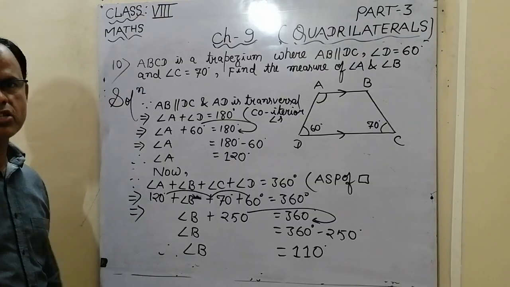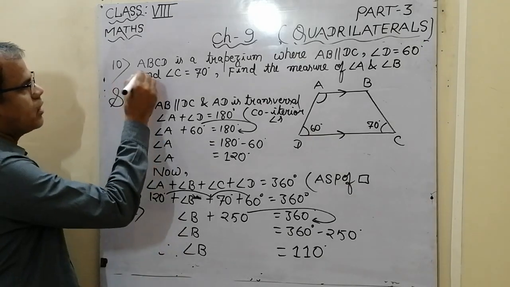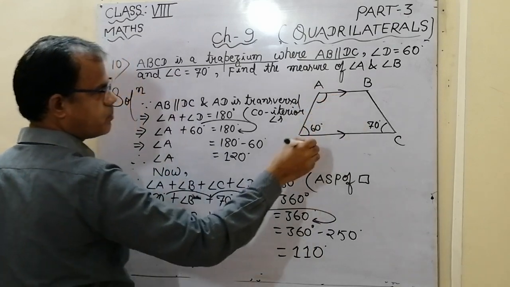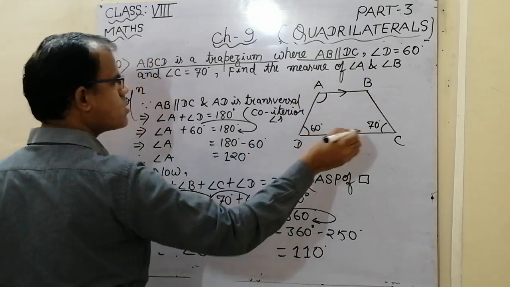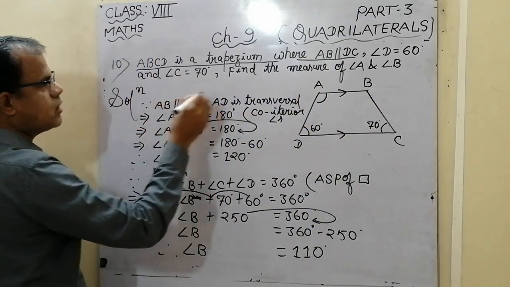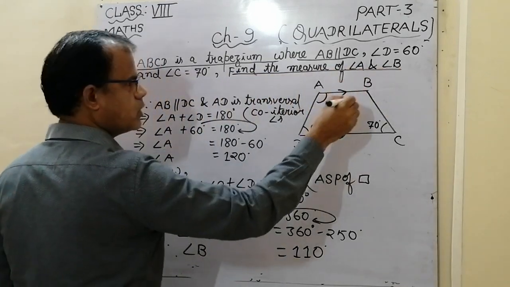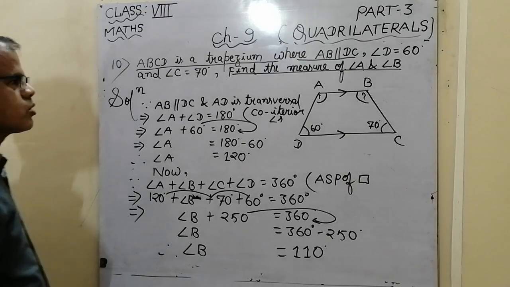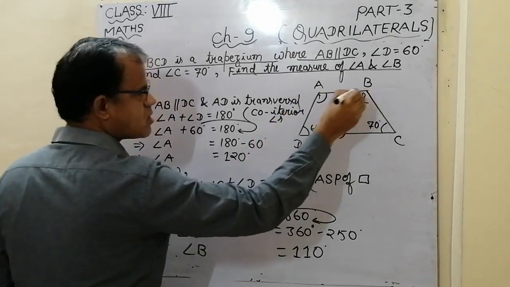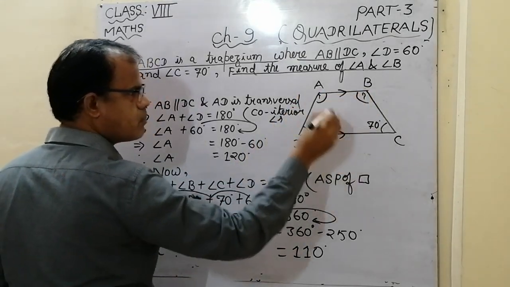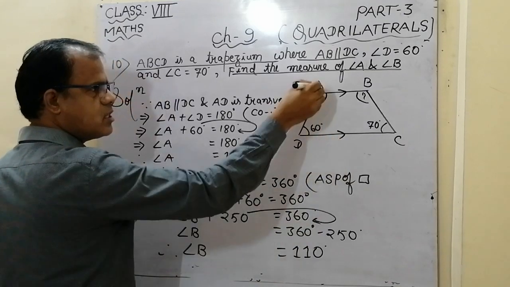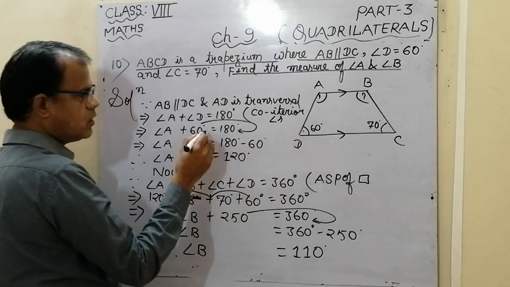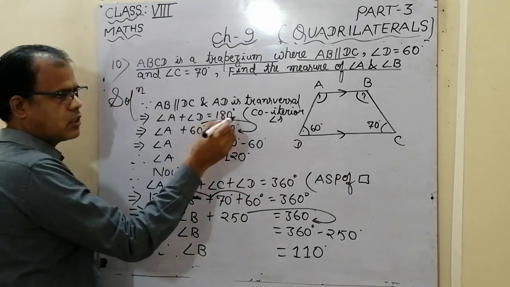Yes students, last question, question number 10. ABCD is a trapezium where AB is parallel to DC, angle D equals 60 degrees and angle C equals 70 degrees. Find the measures of angles A and B. So students, look here, lines AB and DC are parallel and AD is a transversal. So angle A plus angle D equals 180 degrees. Why?